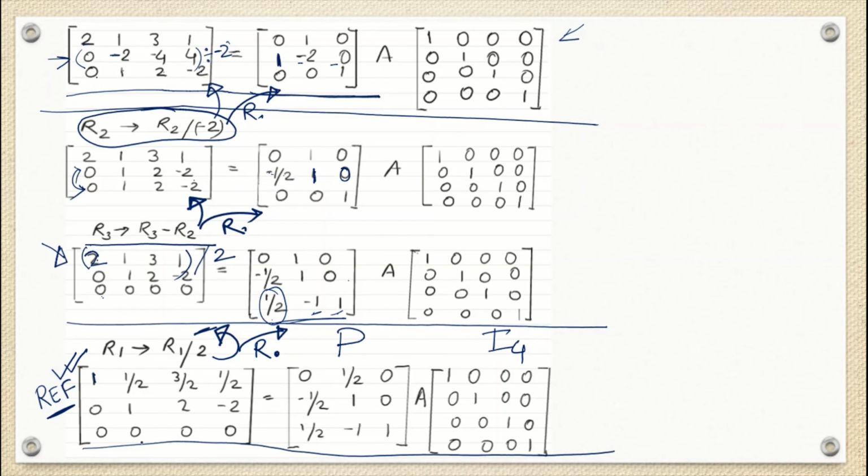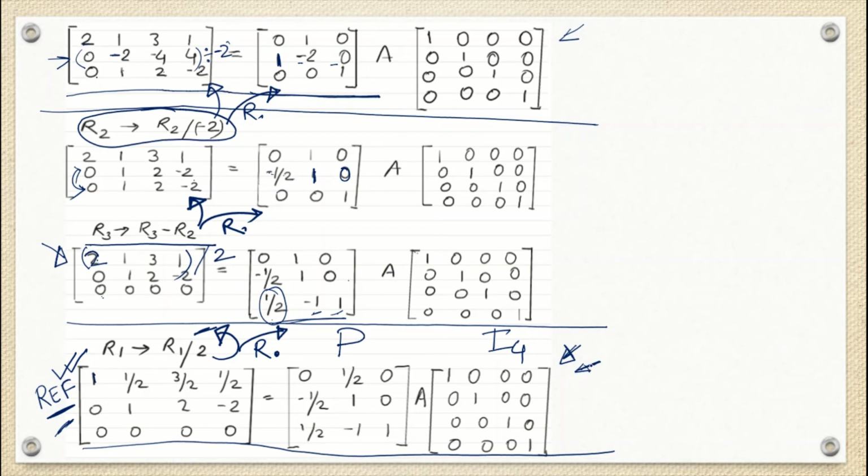Once I start performing a column transformation on the left hand side, the same column transformation I have to perform on the post factor also. If I reach the final normal form of this matrix A, whatever matrix is present here will be my matrix Q.